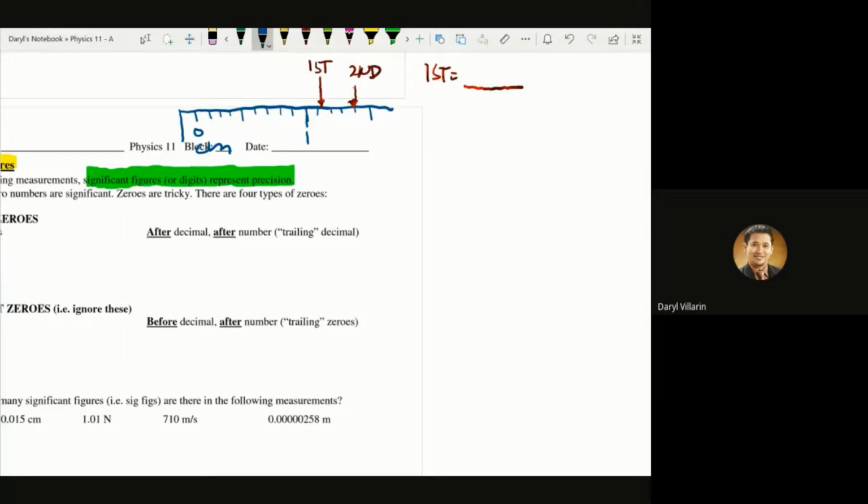So how would I record my reading if I get this one here? Well, it's more than 1.1, so I would say that my ruler reads 1.1 centimeters. However, it's quite obvious in the first reading that it is somehow more than 1.1. Well, here's the thing.